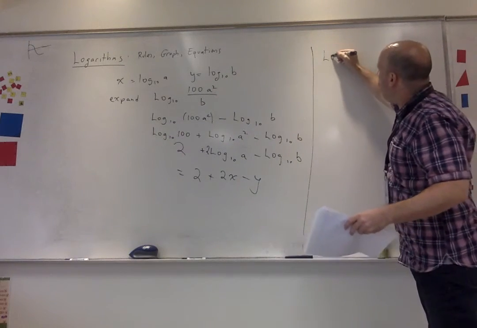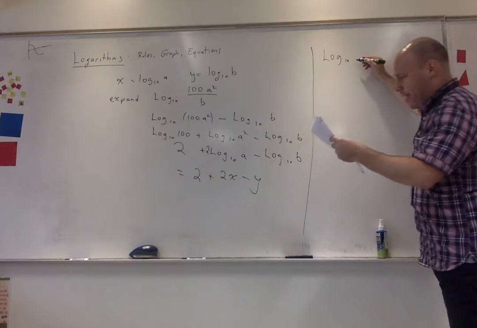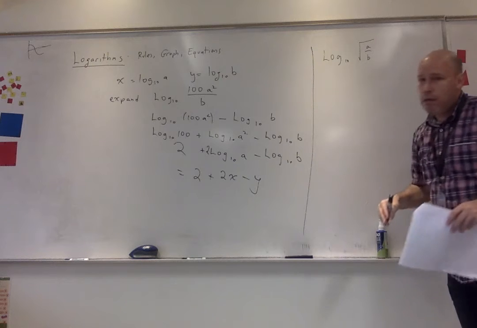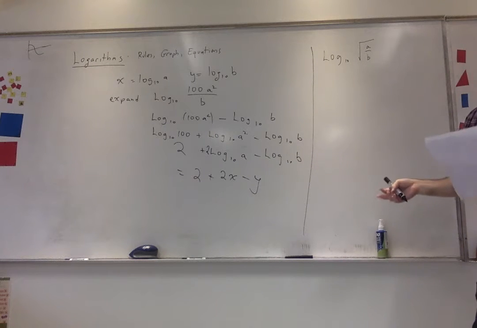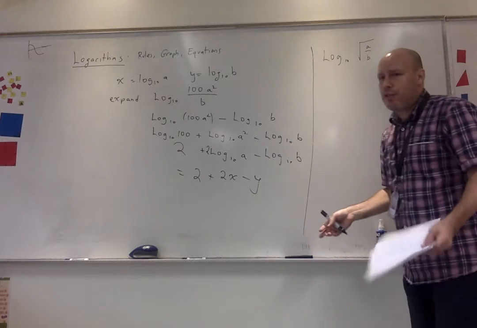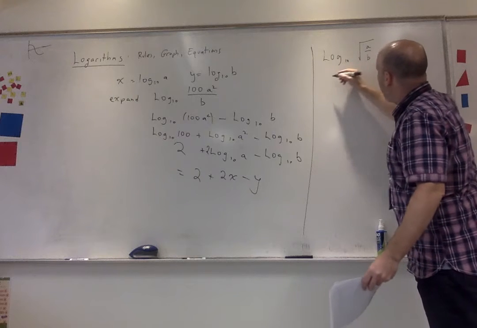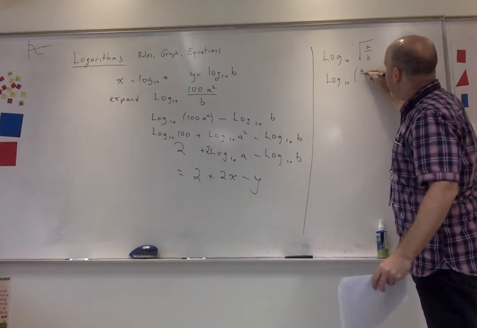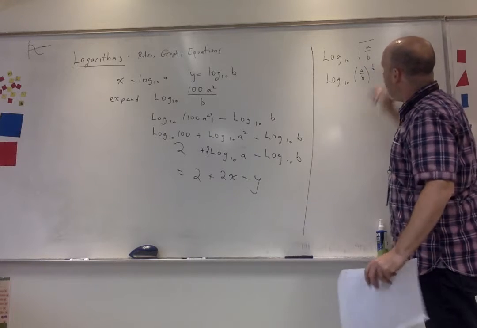Expand log base 10 of the square root of a over b. There are 100 different ways to do this. You might say, I'm going to rewrite this as log base 10 of a over b to the 1/2.